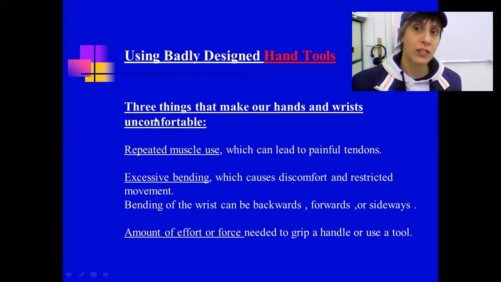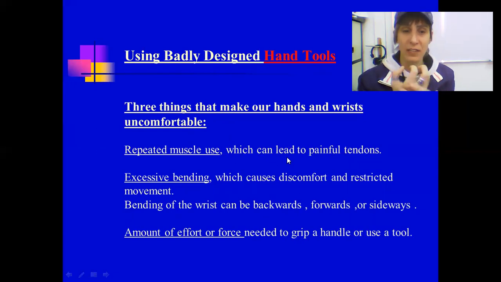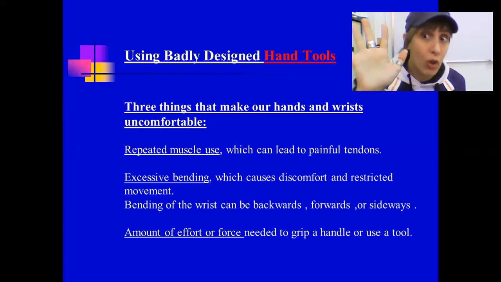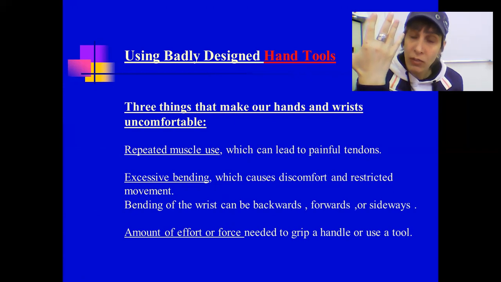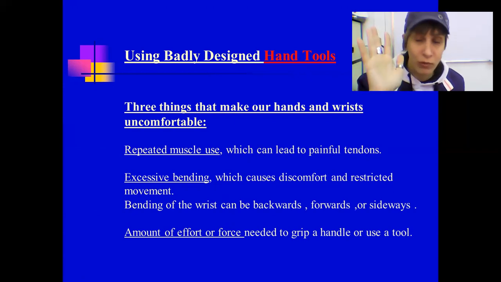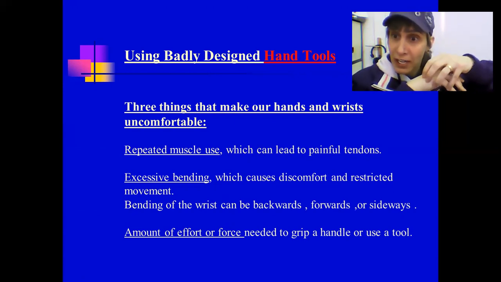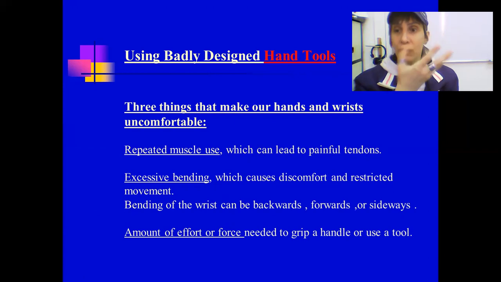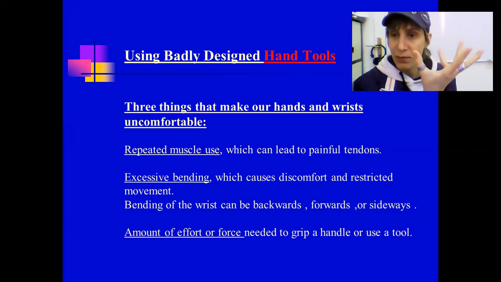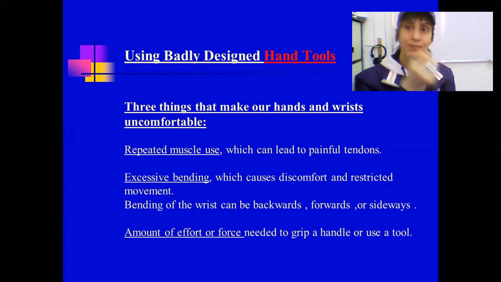Repeated muscle use, which can lead to painful tendons and muscles. Now, even though you don't see the muscles in your hand, there are muscles and tendons inside. So this is what makes me able to move my hand, okay?